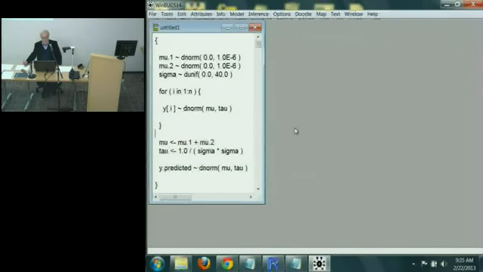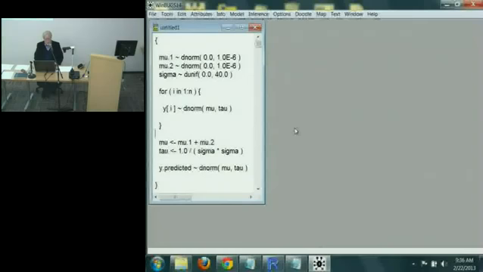So there's no way in this model to make mu2 identifiable. I can put as strong a prior as I want on either mu1 or mu2, but we're not going to be able to learn them separately.